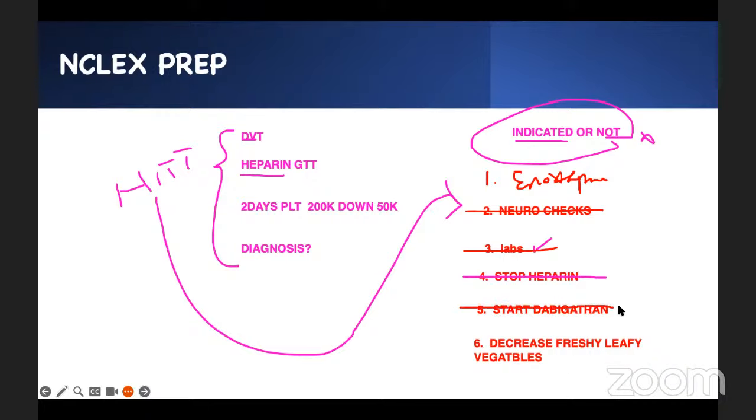And we're going to start the patient on dabigatran. And the enoxaparin is the same as heparin. So this is right, this is right, this is right, this is right. These are all indicated. And this is not indicated. This is not indicated. So that's the end of the case.